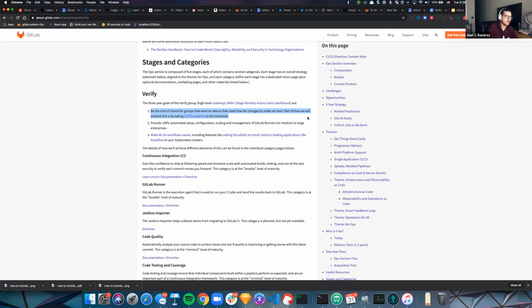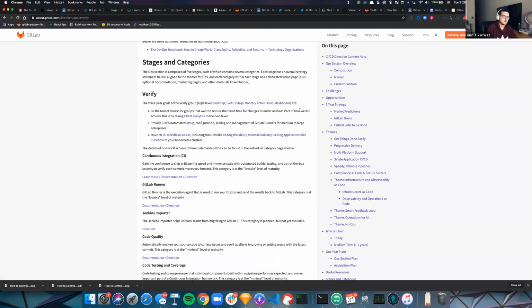Part of how we will achieve this is by taking CI/CD analytics to the next level. Provide 100% automated setup, configuration, scaling, and management of GitLab runners for medium to large enterprises. And make ML/AI workflows easier, including features like adding the ability to install industry-leading applications like Kubeflow to your Kubernetes cluster.